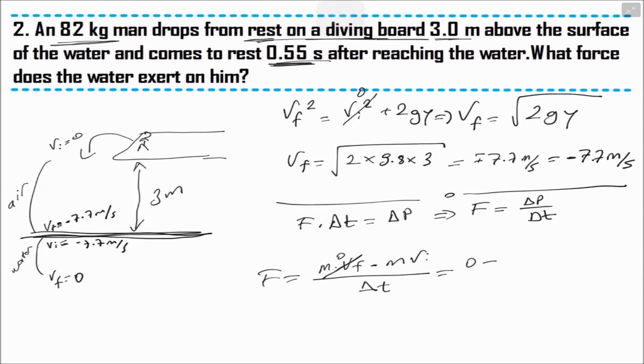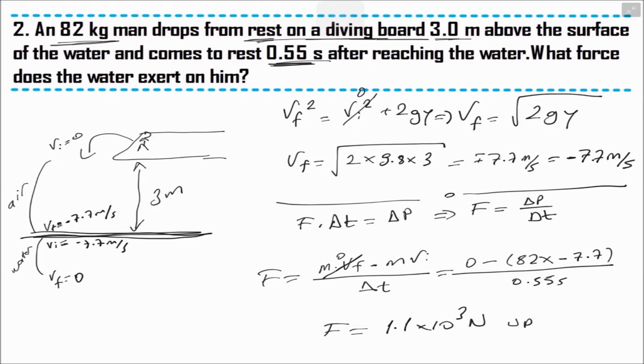So 0 minus mass of the guy, 82, times initial velocity of it, negative 7.7, over time, which is given, 0.55 seconds. So force will be 1.1 times 10 to the 3 Newton, and the direction will be up.